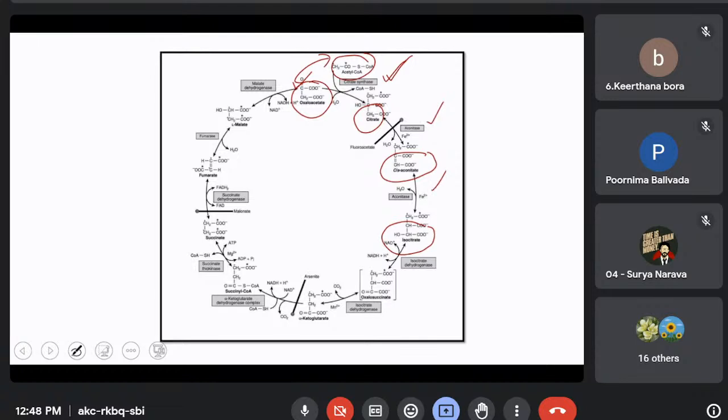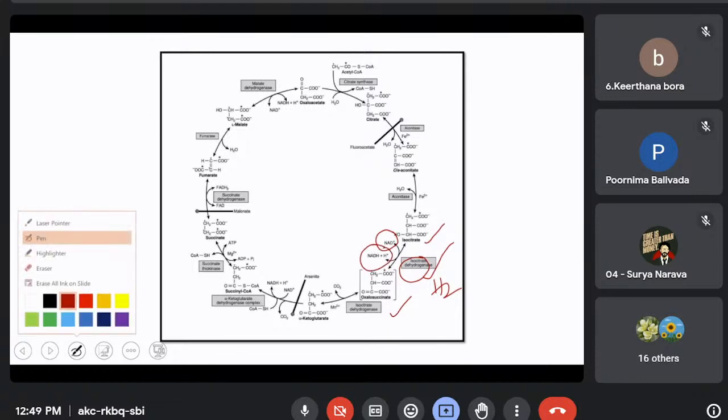And now the third reaction is a dehydrogenation reaction. Here, isocitrate dehydrogenase acts upon isocitric acid so that it is converted into oxalosuccinic acid. During this, the hydrogens removed by dehydrogenase are accepted by NAD so that NADH plus H plus is produced.